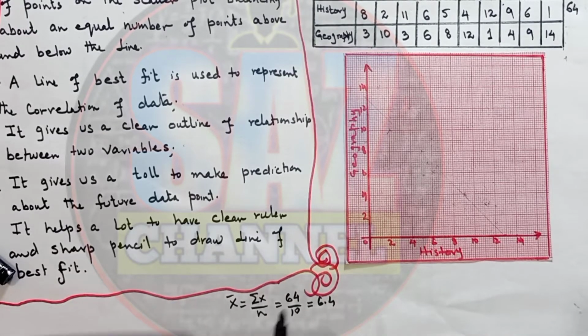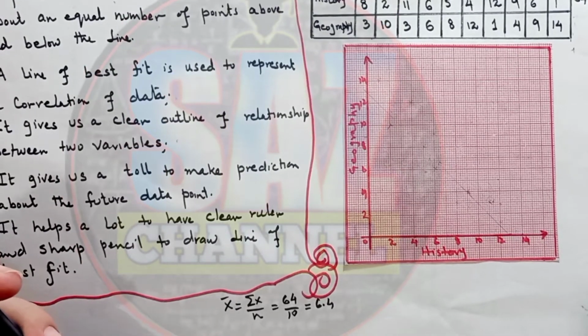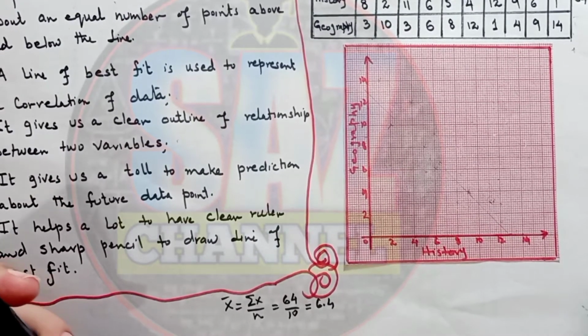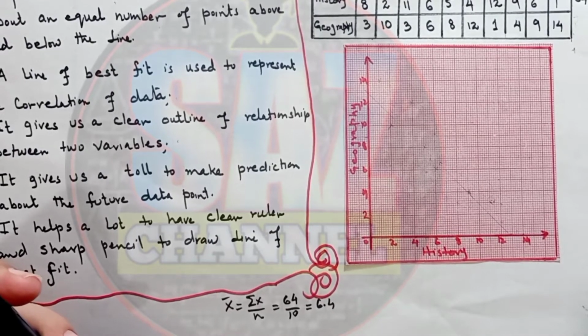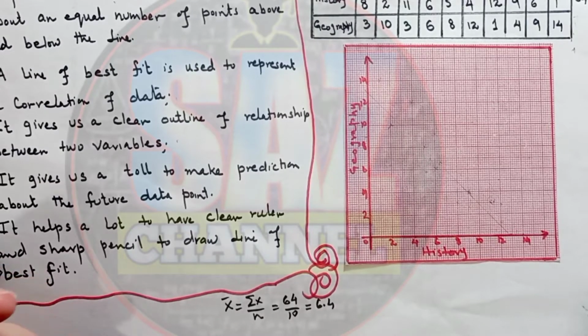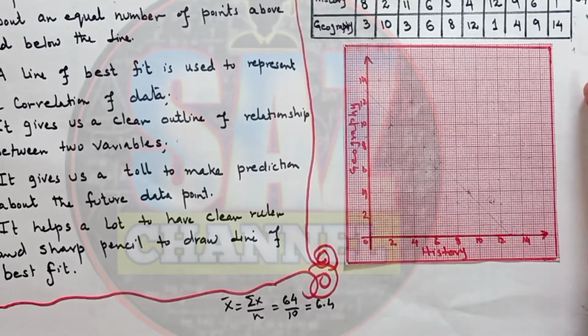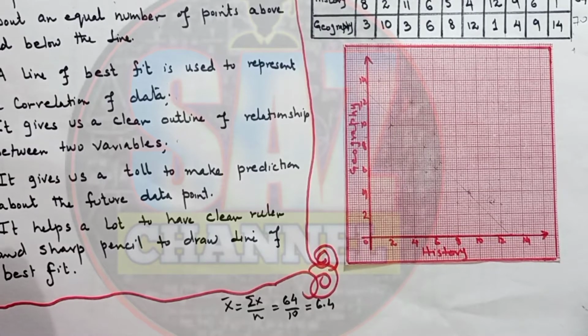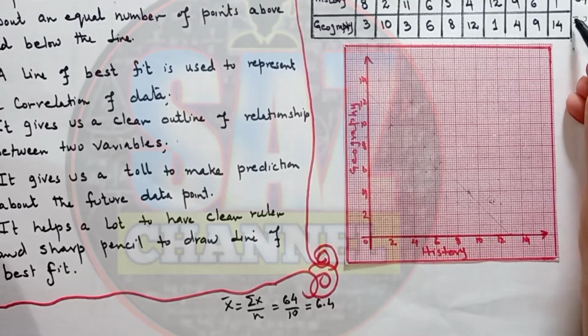And for geography, let me add up all the values. 3 plus 10 plus 3 plus 6 plus 8 plus 12 plus 1 plus 4 plus 9 plus 14. This is 70, and let me confirm this first. 10 plus 3 is 13, 13 plus 9 plus 8 plus 12 plus 1 plus 4 plus 9 plus 14, and this gives me 70.